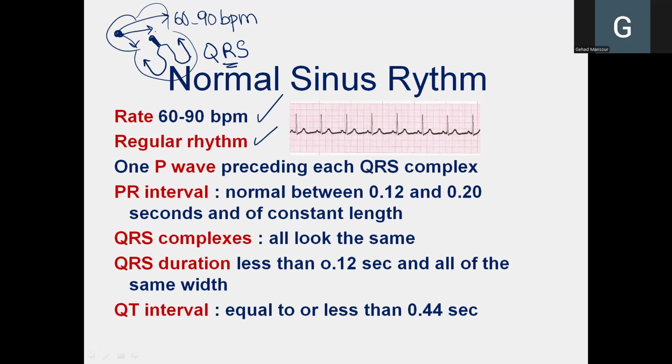And this is what we see here. This is the P wave, and then this is the QRS complex. Again, this is repeated, and this is of course the T wave, and then we have a P wave, a QRS complex, and then again a T wave. So every time the P wave precedes the QRS complex.